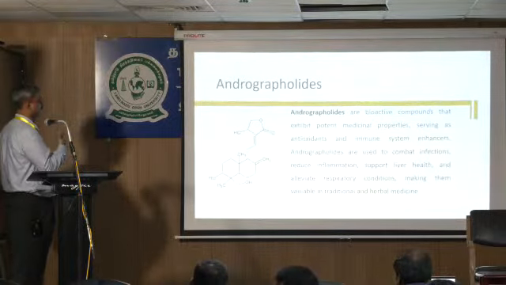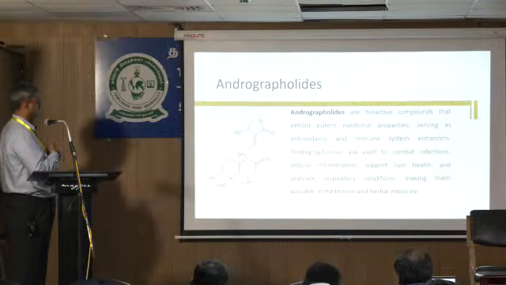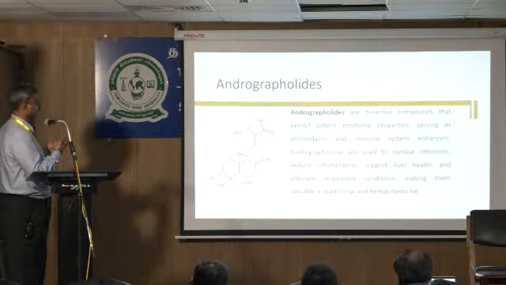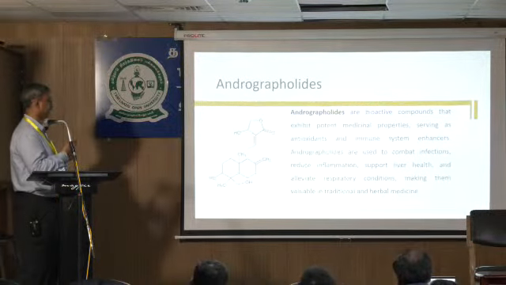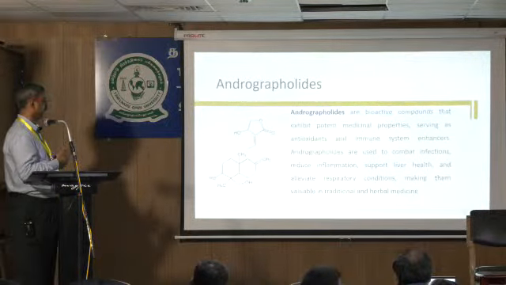Andrographolides are bioactive compounds that exhibit potent medicinal properties, serving as antioxidants and immune system enhancers, and are used for liver health and to relieve respiratory conditions.